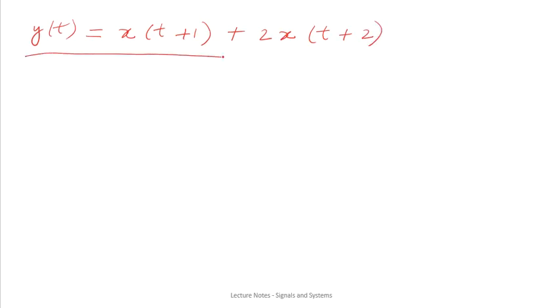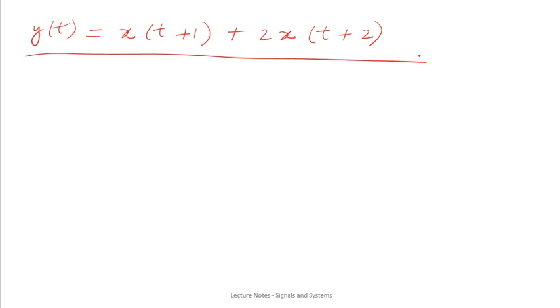So the result I will write as x(t+1) plus twice of x(t+2). This is the mathematical expression of the final result.